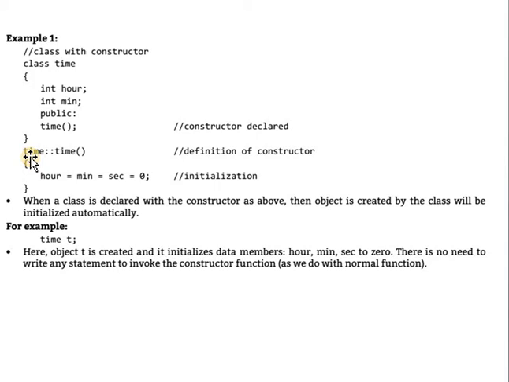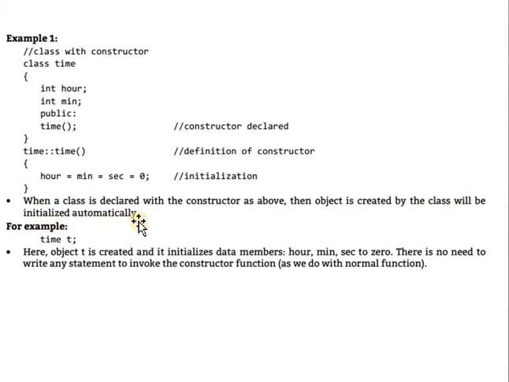Time, here is the class name. After the class name you want to provide the scope resolution operator for accessing the constructor outside the class. Here is the constructor definition, and here initialization for the data members is taking place. This means when a class is declared with the constructor as above, then the object created by the class will be initialized automatically.